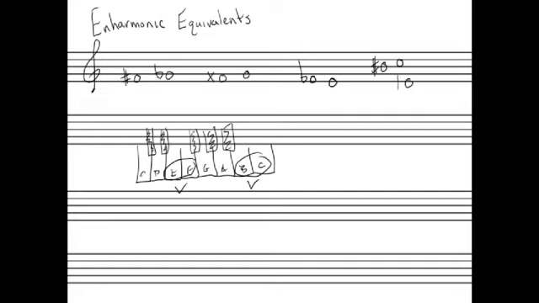An E sharp is the same thing as an F, and a C flat is the same thing as a B. So enharmonic equivalents, same pitch, different letter names.